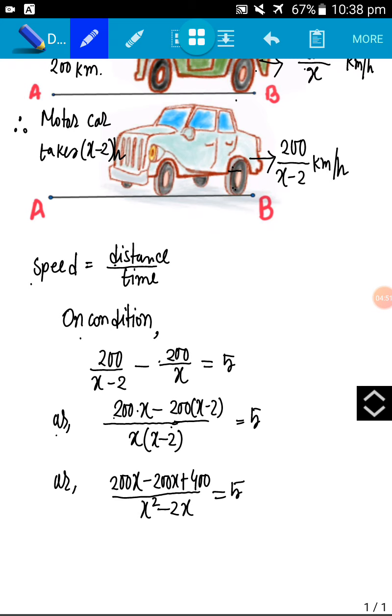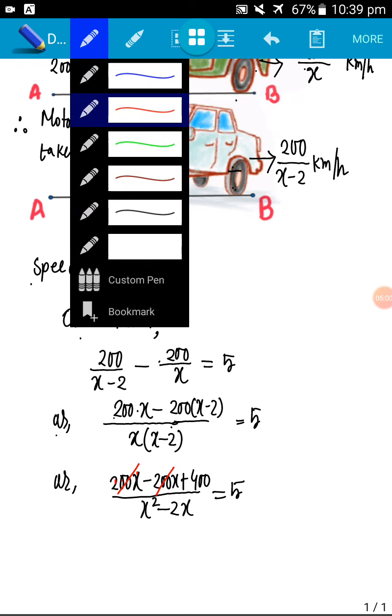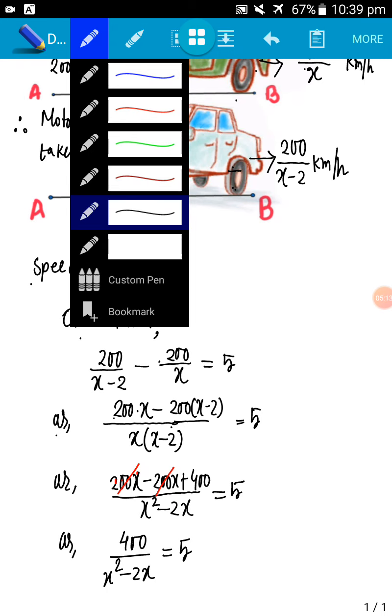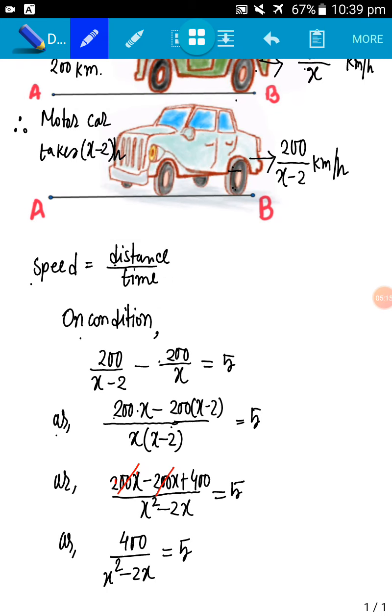Next you can see that we can cut 200x and 200x, and finally we get one simple equation, that is 400 by x square minus 2x equals 5. Once again we can cancel 400 by 5, 5 ones are 5 and here 80.